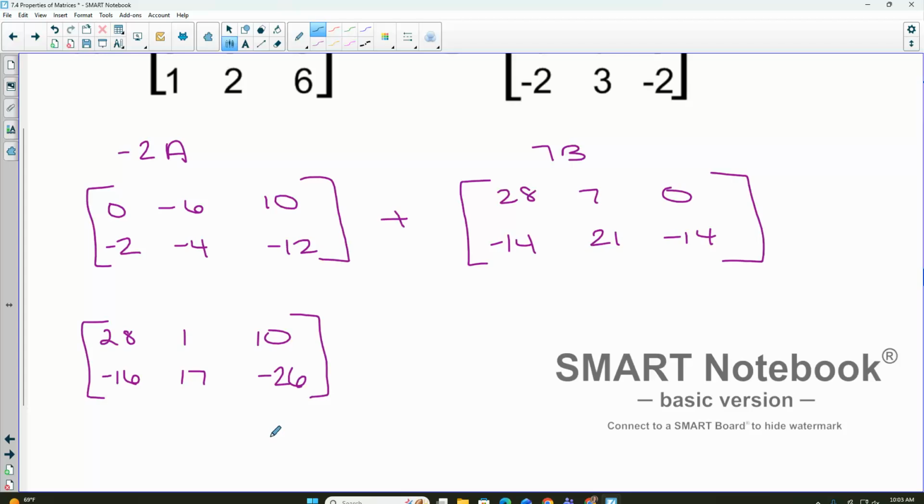So you take everything in A times 2, everything in B times 7, and add those together. And we should get first row 28, 110, second row negative 16, 17, negative 26.